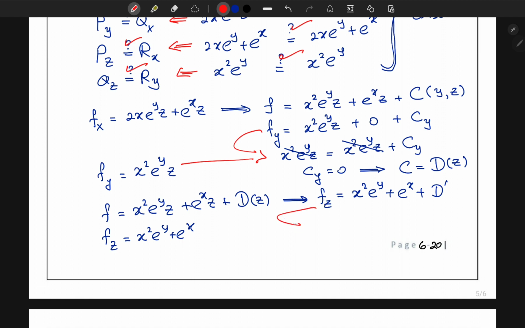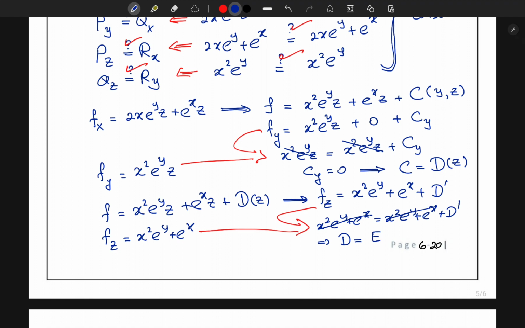Now combining these two, we get x squared y plus x e^z equals x squared y plus x e^z plus c prime. c prime equals 0, so c is a constant, just a number.